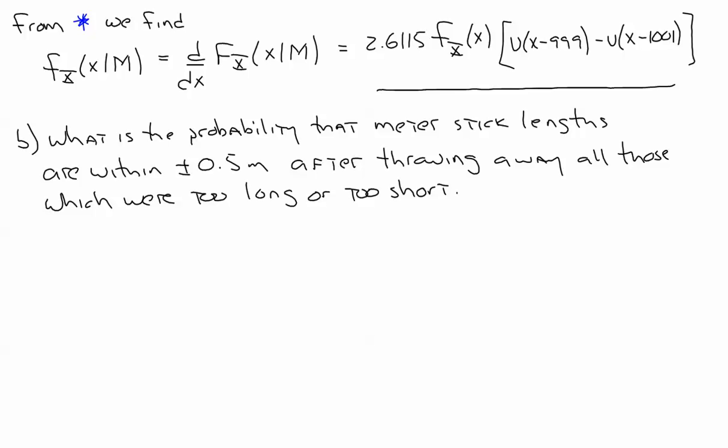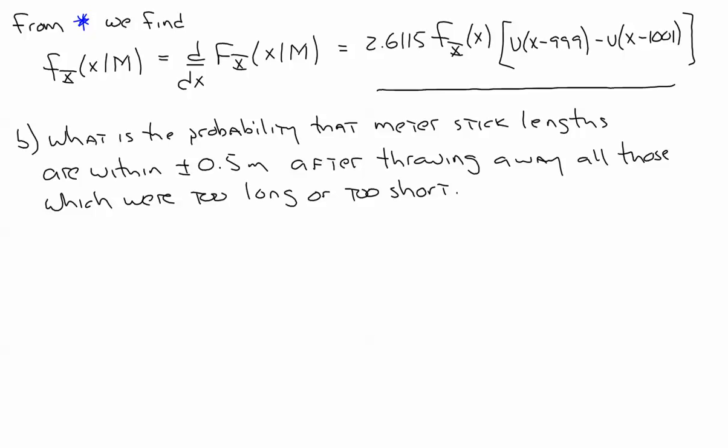Remember, we throw away all the meter sticks that are either 1 millimeter too long or too short. After we throw away those, what's the likelihood that those which remain are within 1/2 millimeter of the appropriate length?